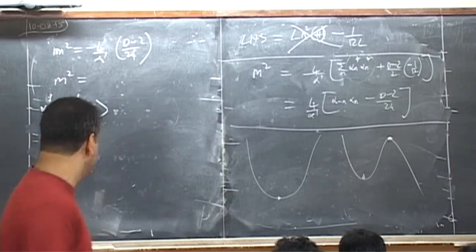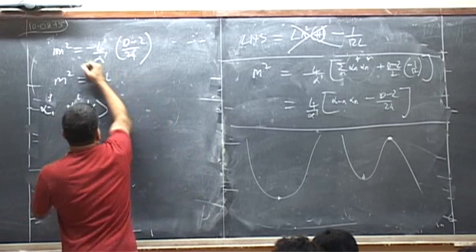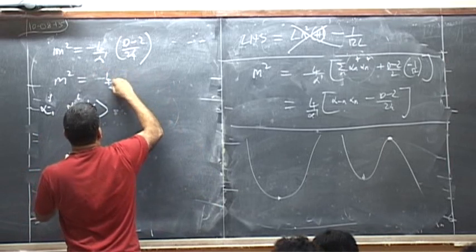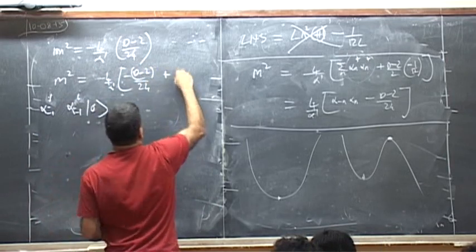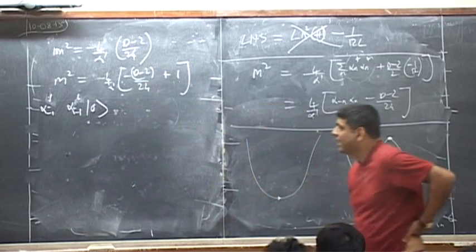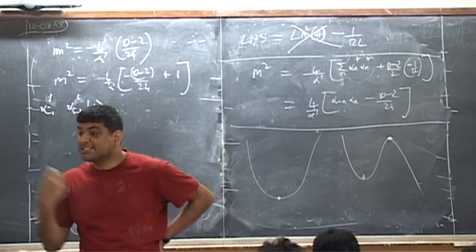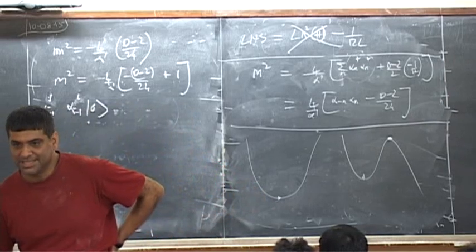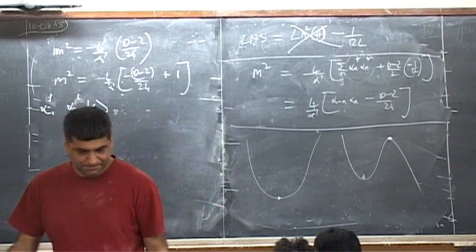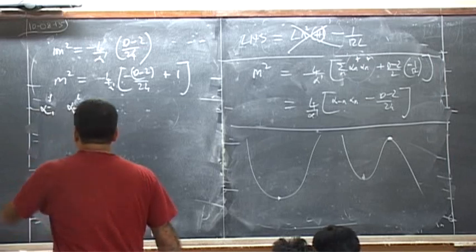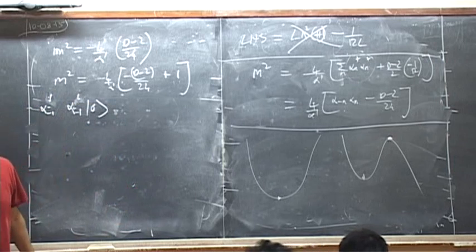Now, what is the energy of this state? The mass squared is minus 4 by alpha prime into (minus (D minus 2) by 24 plus 1). Now we're going to ask, in what representation of the Lorentz group do they transform? Let's classify these things in representations of SO(D minus 2).